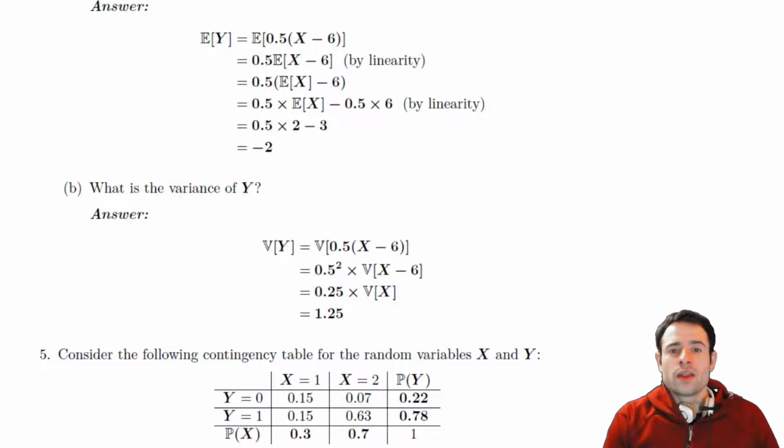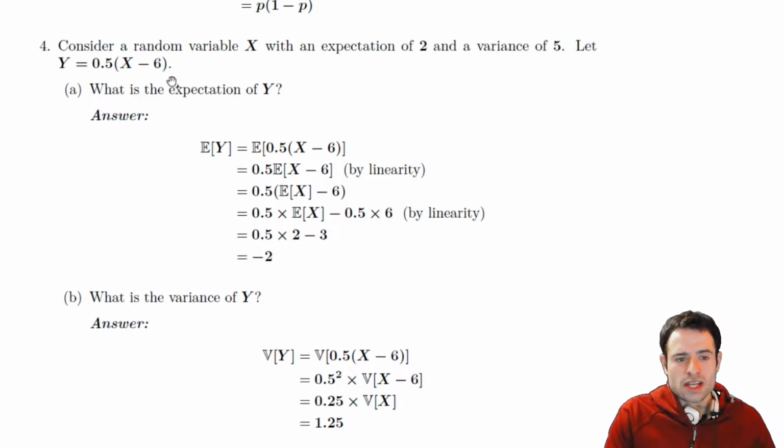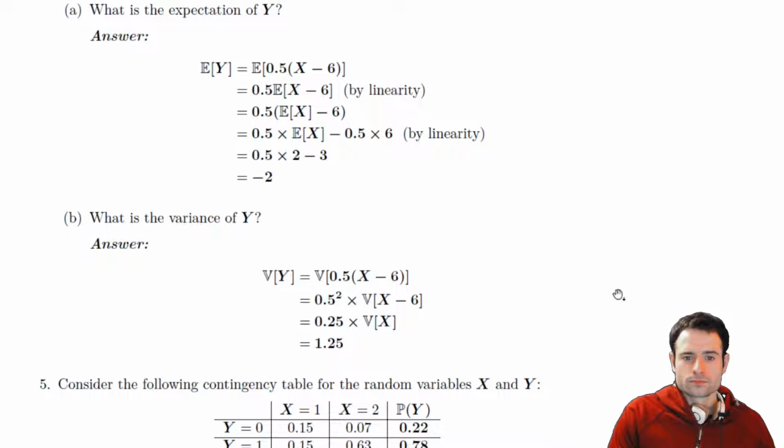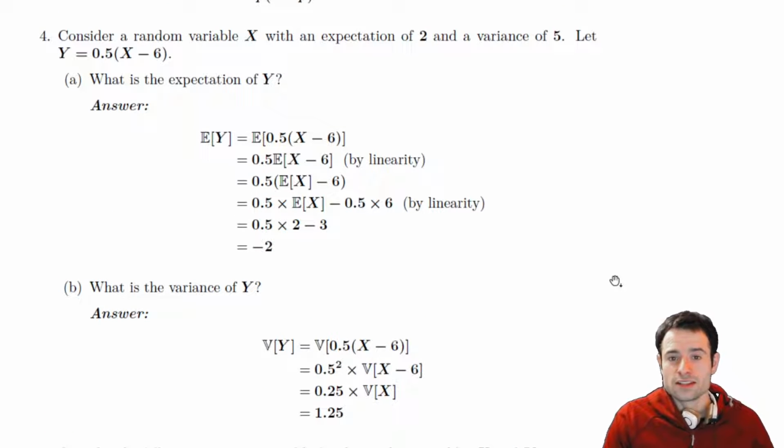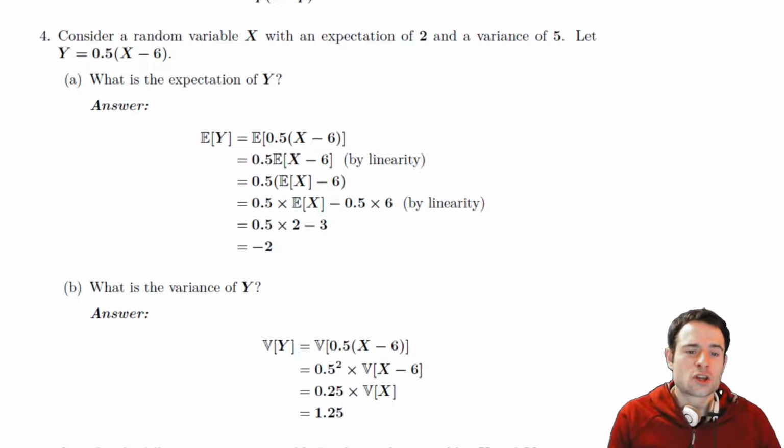I just know that there is a relationship between x and y, and because the transformation is linear, I am able to deduce the expectation and variance of y based on the expectation and variance of x. Note that it would be difficult for me if here I had an x to the power of 2, 3, or log, or an exponential, because I know the expectation of x, but I do not know the expectation of log of x. And then it would be impossible for me to solve these questions.